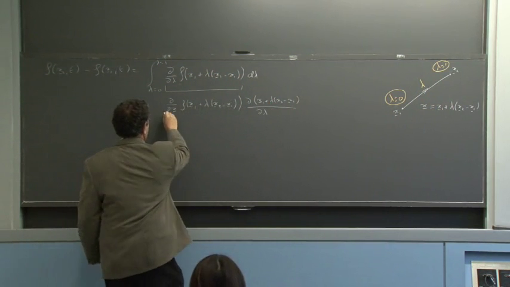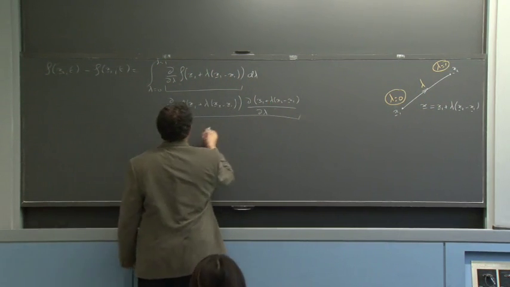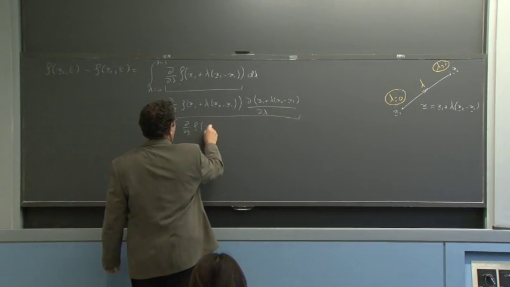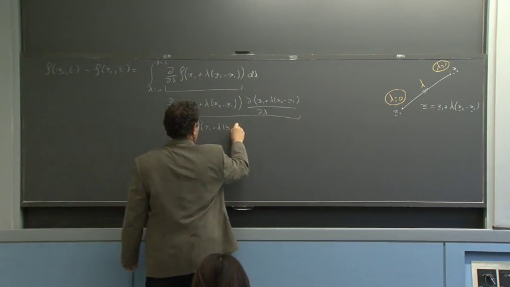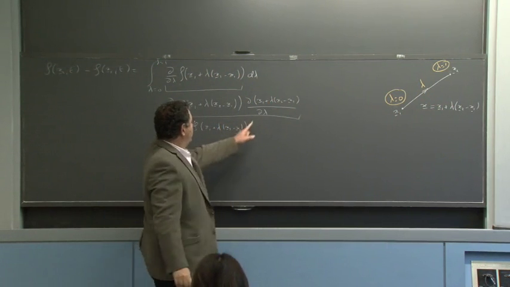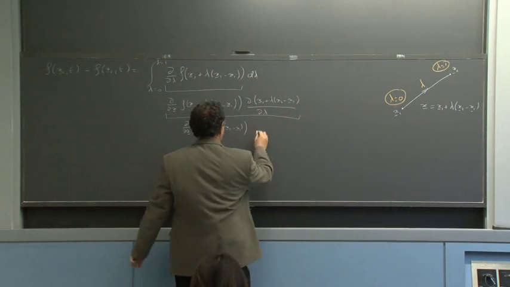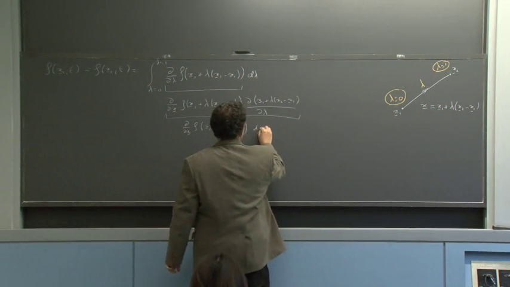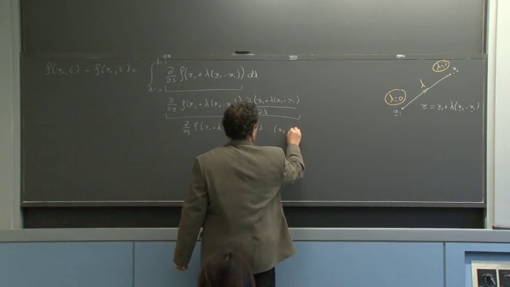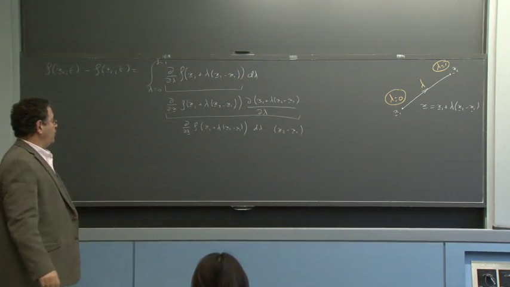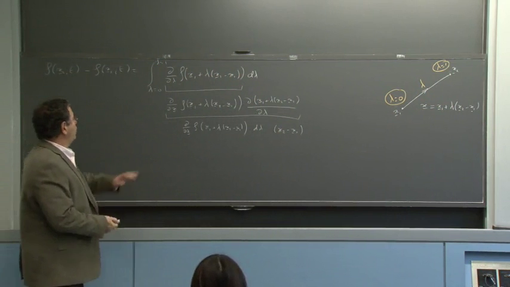This same quantity is simply d over dx of f of x1 plus lambda times x2 minus x1, times x2 minus x1, because d over d lambda of this is just x2 minus x1. So we can get it out of the integral, and we get it here. Everybody follows that, right?